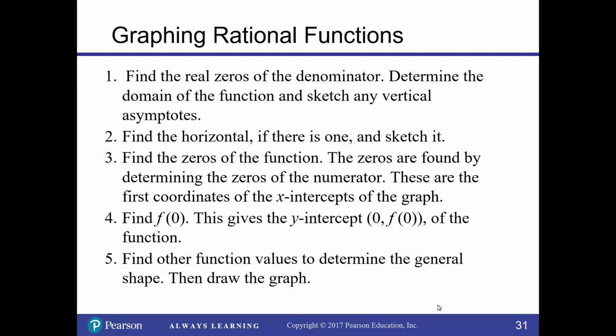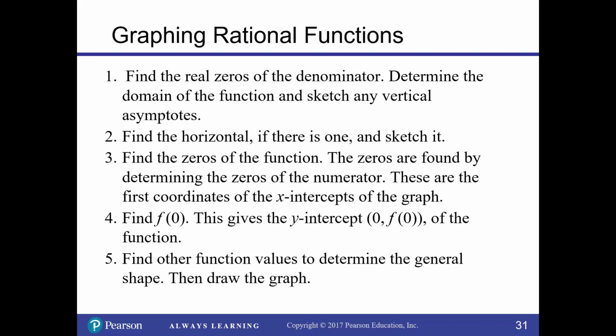So what we're going to do is work on some graphing. We're going to initially find real zeros of our denominator, so basically determine the domain of our function. For practice, I'm going to check the numerator as well, because technically we should always check to see if they share common factors, because otherwise we have zeros there.